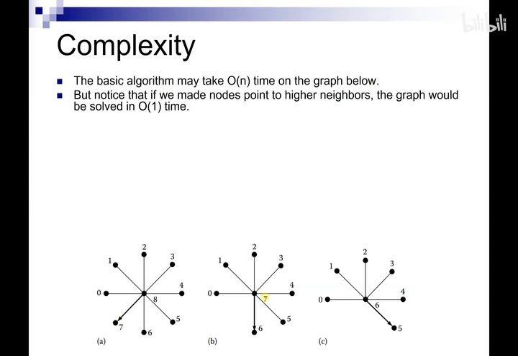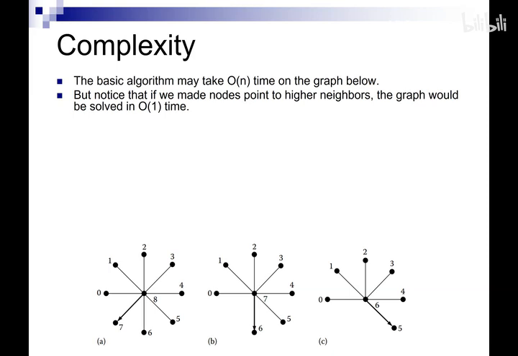Okay, but now, again, this node in the middle is the largest, right? So none of these outside nodes are going to point to it, and this middle node is going to point to one of its neighbors. Okay, so let's say that it points to 6. Okay, so then its label is going to become a 6, right? And then on the next round, it might point to the 5, right? And then the 4, and so on.